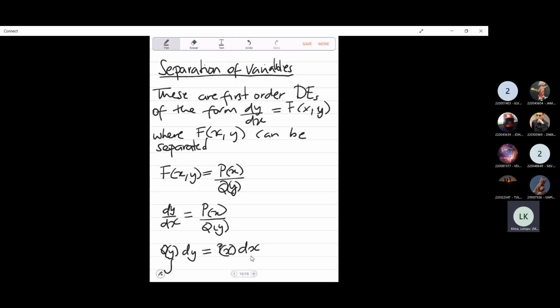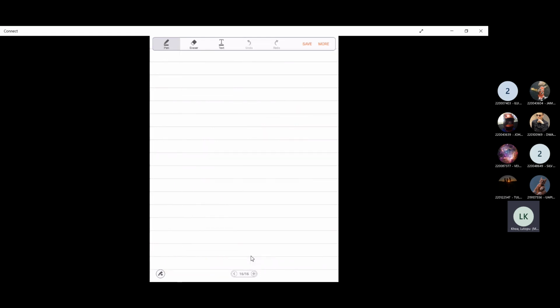So the integral of q of y dy is equal to the integral of p of x dx. And then that will be the solution. So sometimes your differential equation is separable, and that is one of the easiest after direct integration. So let's see some examples.